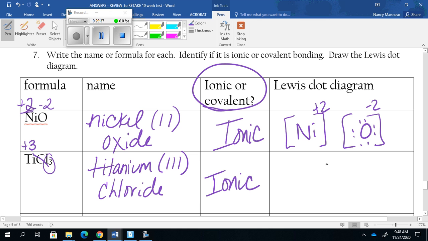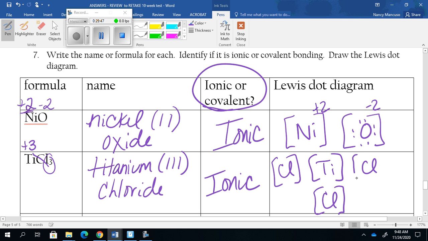And then when I go to draw it, 1 Ti, 3 Cls. They all get brackets. Cls are all -1s. Ti was a +3. I make sure it adds up to 0. And I put all 8 dots around my chlorine.